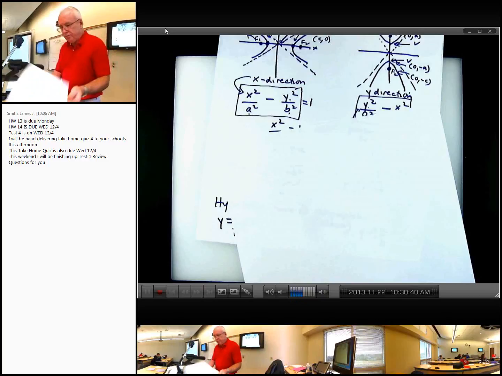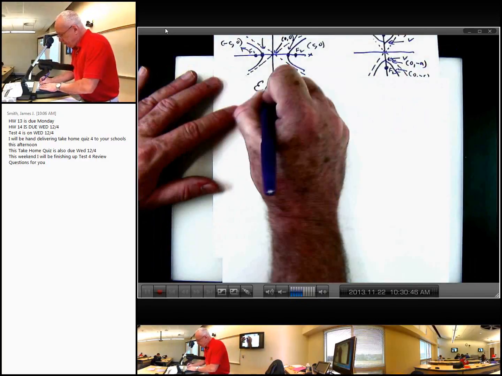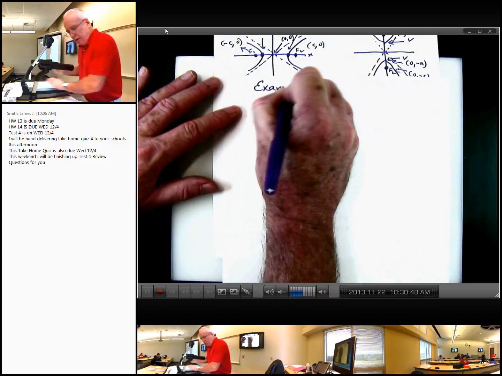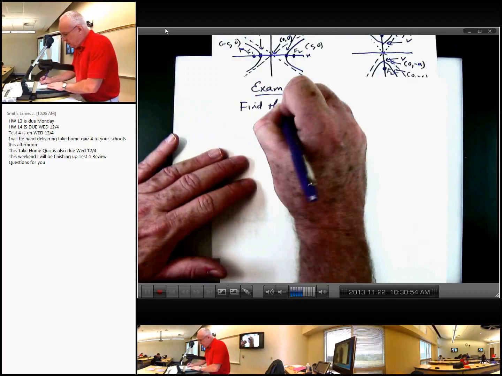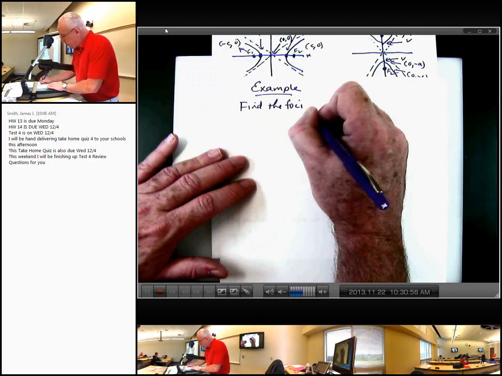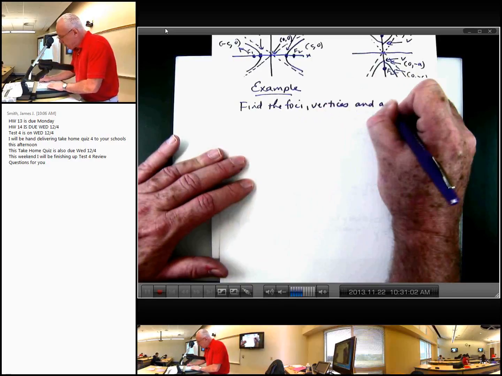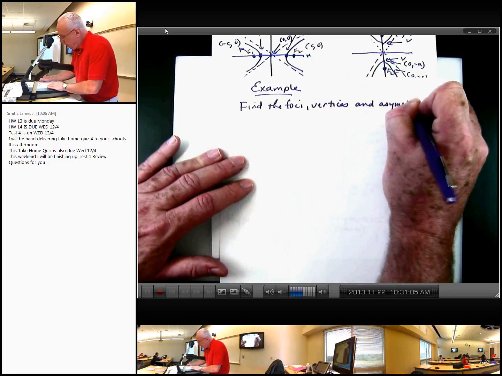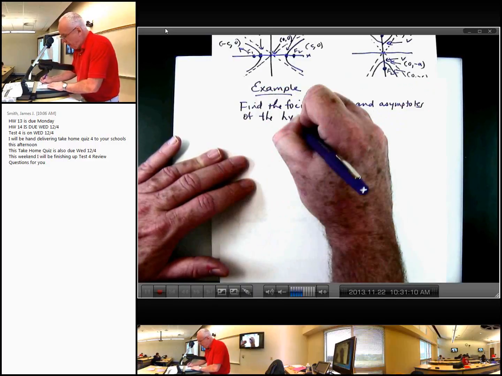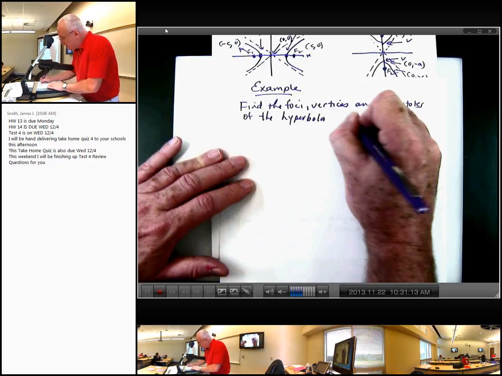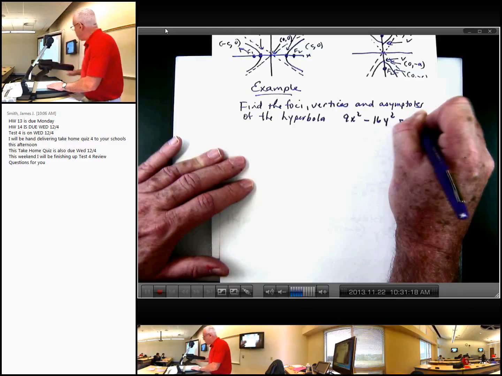All right. So let's look at an example. Find the foci, vertices, and asymptotes of the hyperbola 9x squared minus 16y squared equals 144.